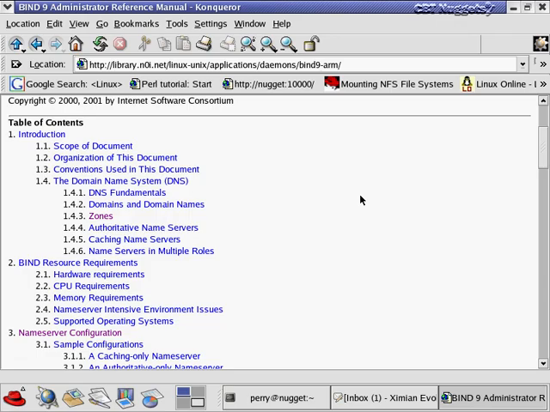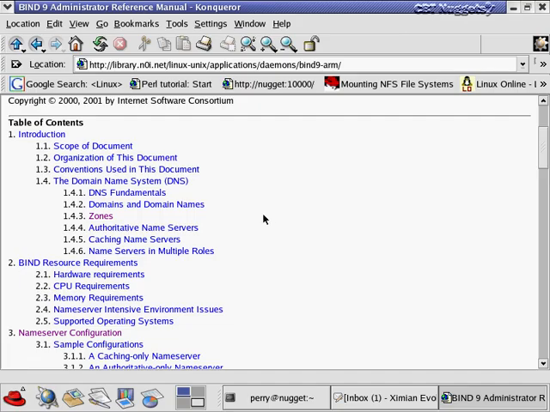The reason that computer was deemed the authority is because it had a zone file that had the address we were looking for inside of it.